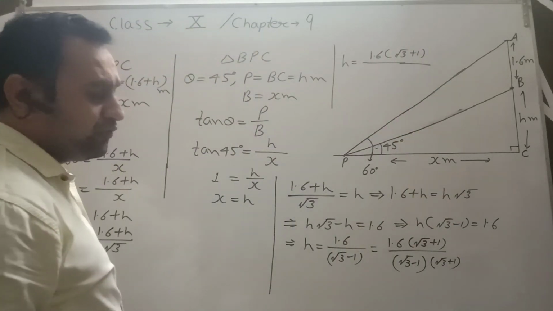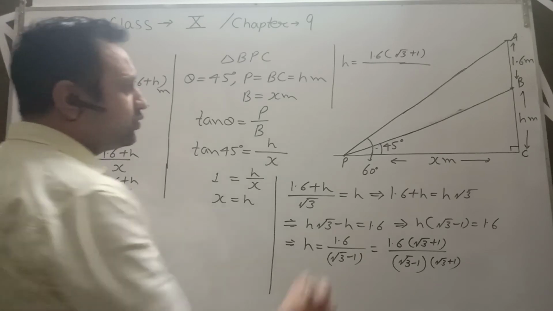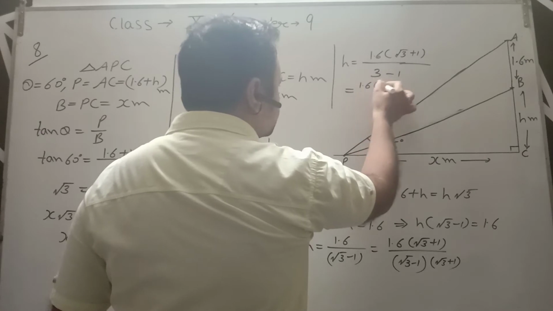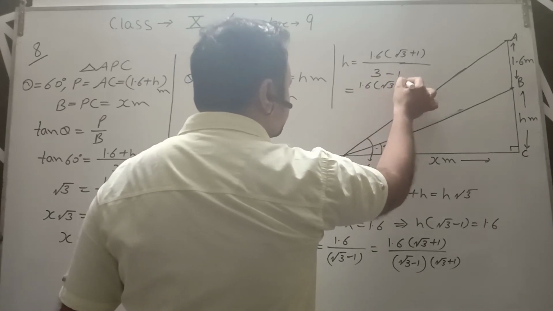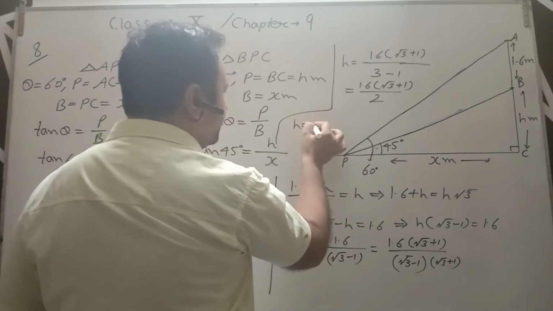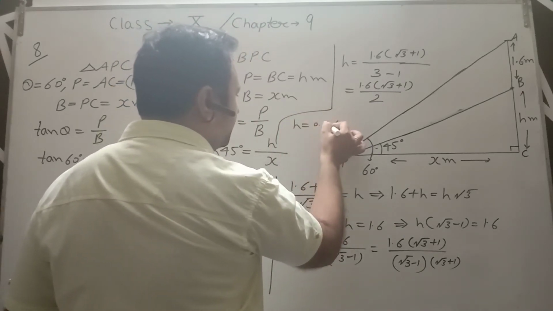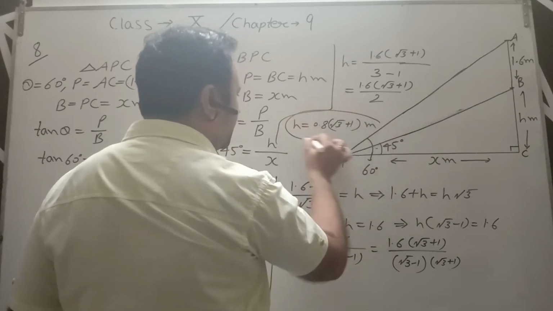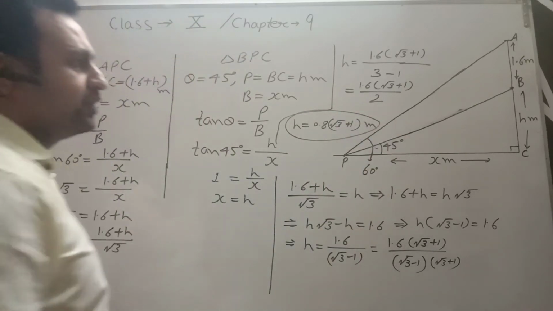Apply the formula of (a minus b) into (a plus b) is equal to a square minus b square. 1.6 into (under root 3 plus 1) upon 2. So finally value of h is 0.8 (under root 3 plus 1) meter. So it is the height of pedestal.